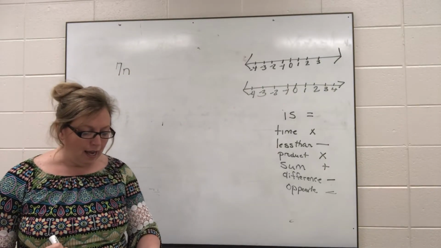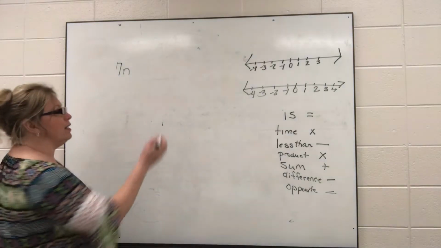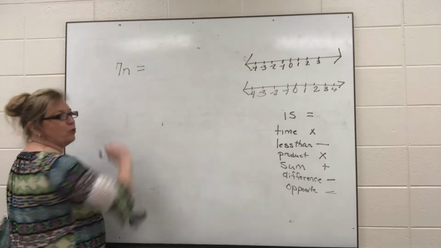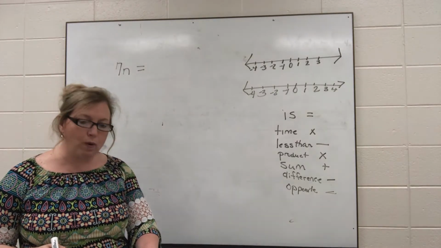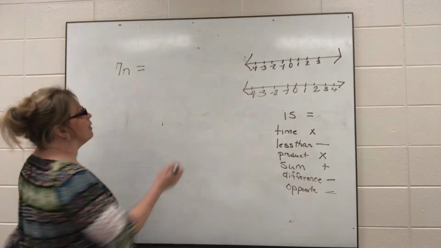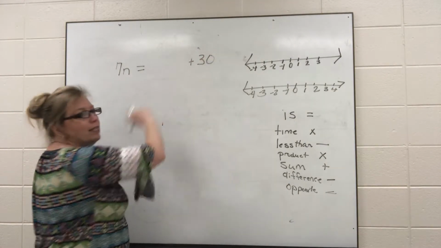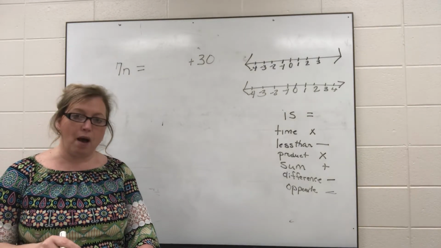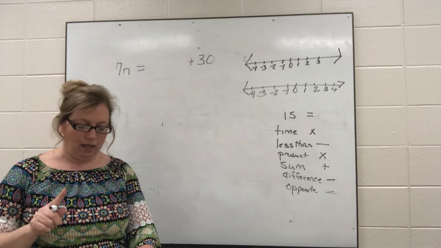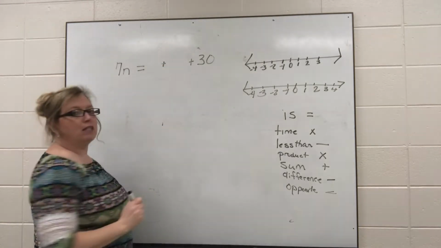Then it says is. 7 times a number is. We know that the word is means equals. What does it equal? It equals 30 greater than. Oh, that means it's going to be greater than something, so I'm going to put it out there. What is it greater than? It is greater than the sum. I'm going to add something. I don't know what I'm adding, but I'm adding something.